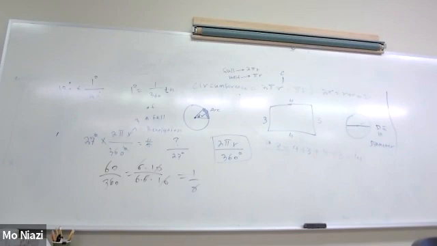Radius is 5. And you use pi r because it's half. Correct, because it's half of the circle. And you use pi r and you replace r with the radius 5. That's correct.